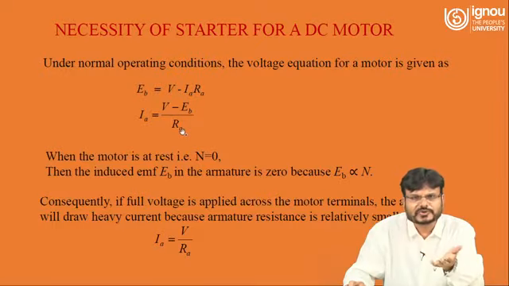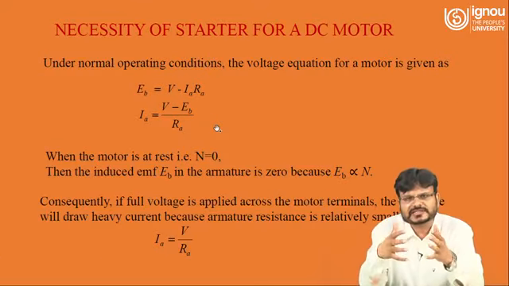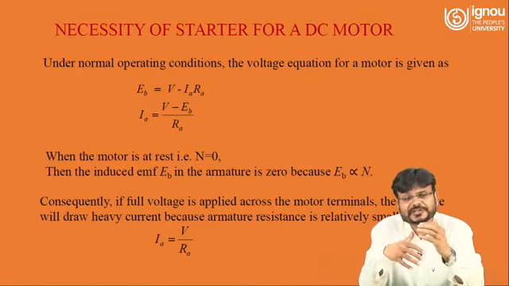As I already told you, Eb is the back EMF, which is like a generated voltage, and it depends on different parameters. The formula is Eb = PφnZ / 60A, where P is the number of poles, φ is the flux per pole, and n is the speed of the motor.